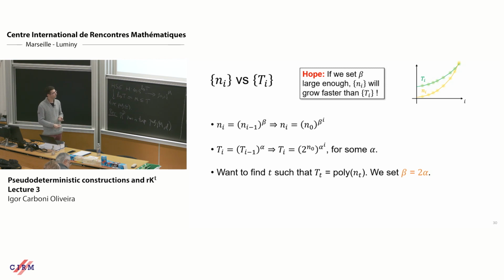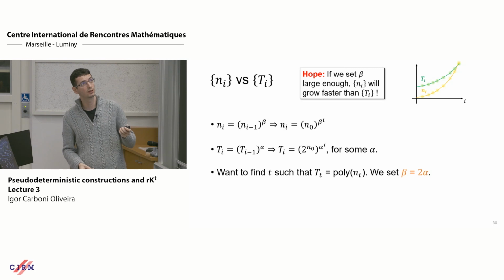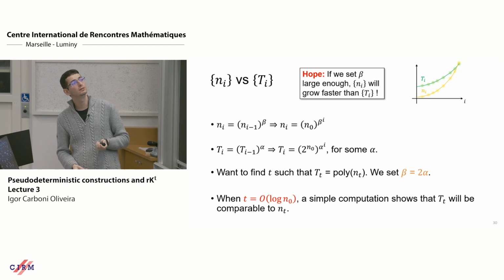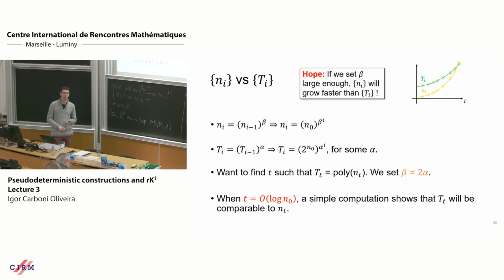So what we do is we set beta to be 2 alpha so that the input lengths grow reasonably faster than the running time overheads. And if you do the math, then after just log n0 iterations, we're going to have that the size of the hitting set is polynomial in the input length.